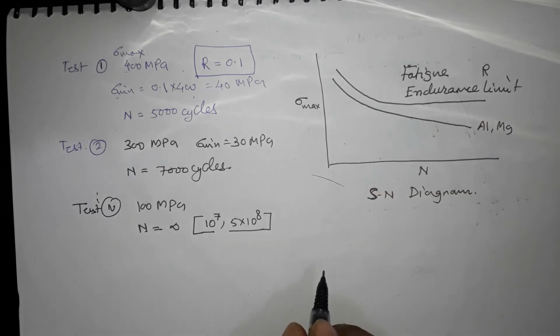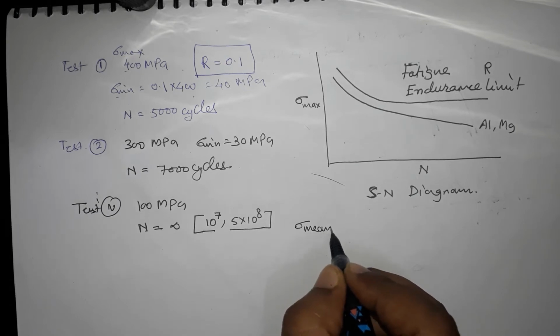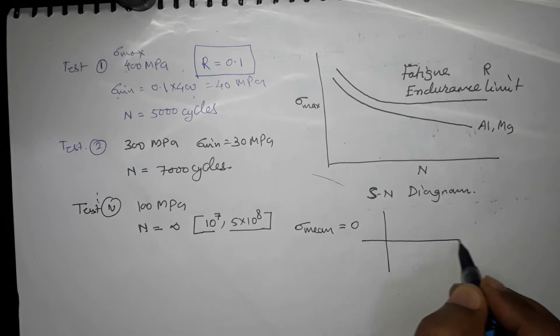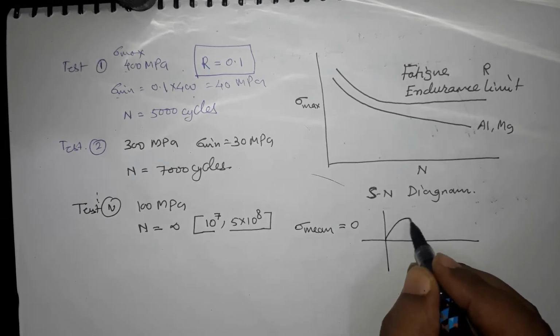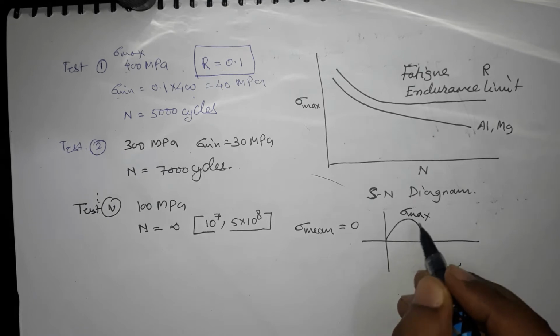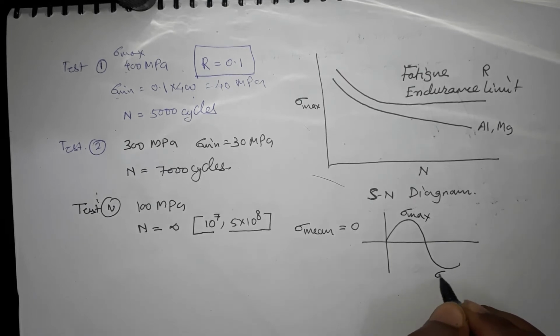But there are some important things in this diagram. One important thing is that if your mean stress is 0, meaning that you have a complete reversal of stress. So you have sigma max, and by the same amount you go down in the negative direction of stress.